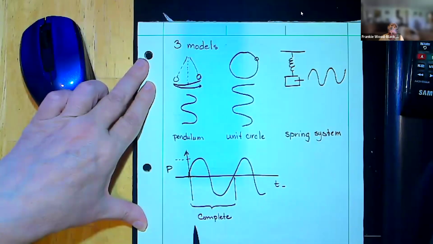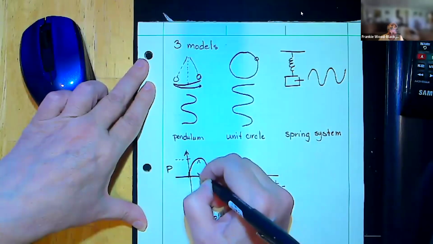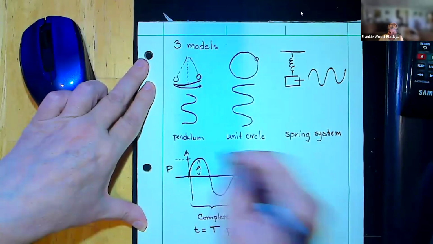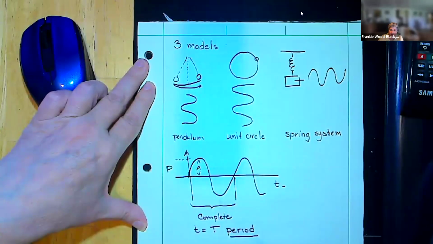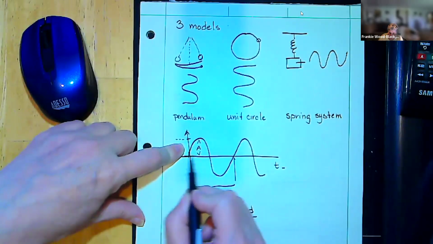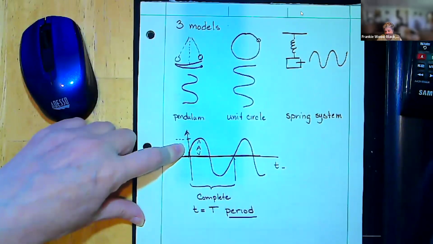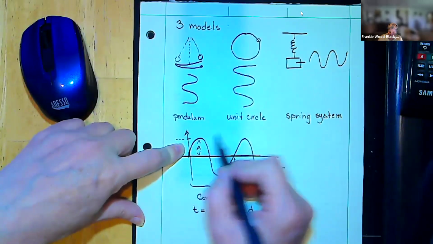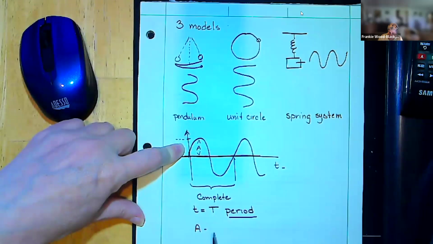And the time that it takes is equal to, we're going to use a big T, and we're going to call that the period. This is the amplitude. A lot of people will get a little bit confused. The amplitude comes from this equilibrium point, and that's going to be the amplitude. So A is going to equal amplitude.